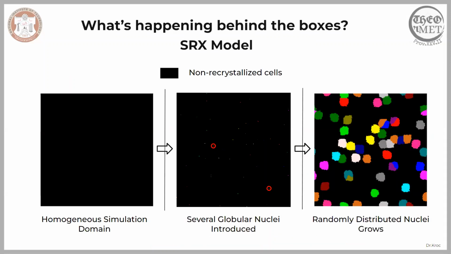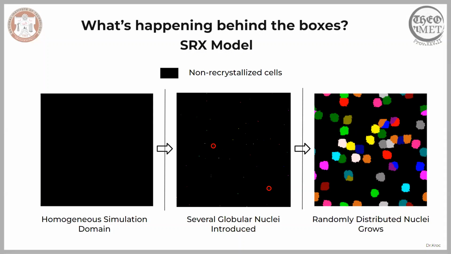Now moving on to the question: what exactly is happening behind those yellow boxes? First of all, taking the static recrystallization model box. Initially we have a homogeneous domain to start with. Then we introduce several nuclei into the domain, which have a recrystallized state. Then they are allowed to grow, which means that an unrecrystallized state will transform to recrystallized if one of its neighbors is already in the recrystallized state.